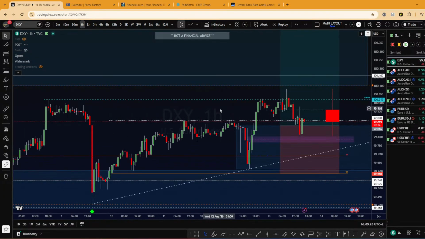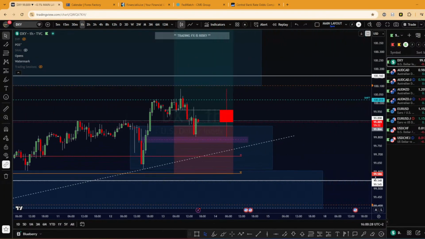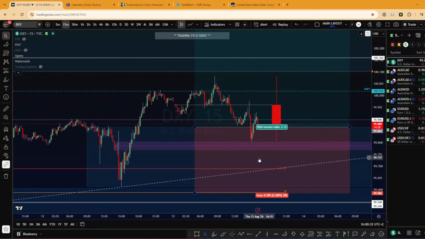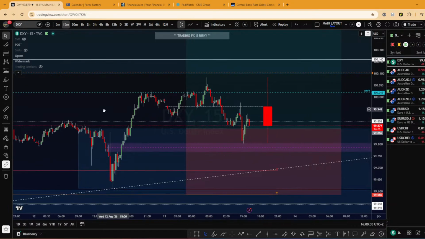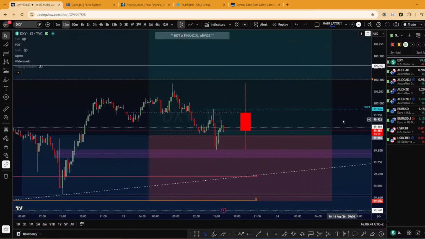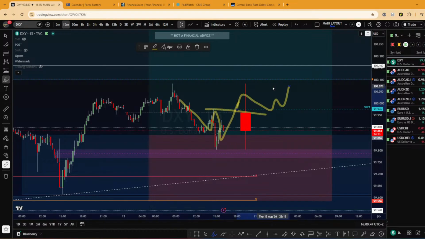Interesting. Really interesting. Now I need a little bit of shift of structure or something like this to be able to hold the dollar to the upside.